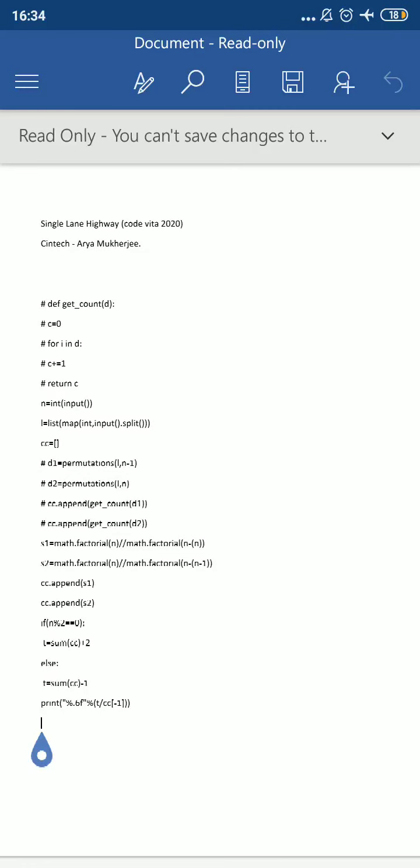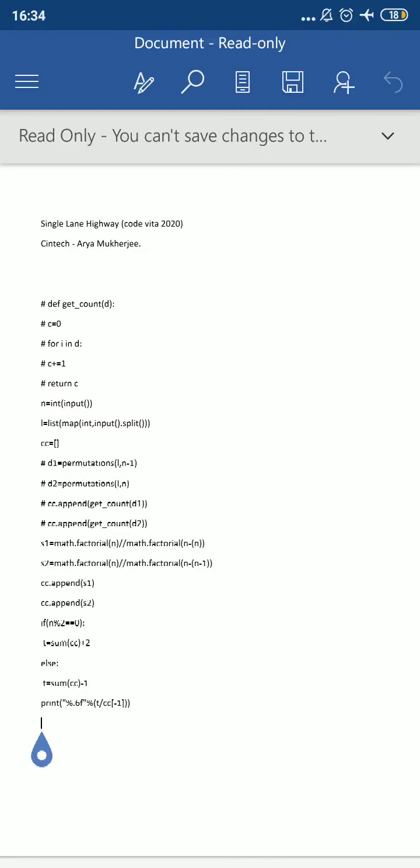The second part is we have to find out the total number of groups of the data and the total number of permutations of the speeds of the vehicles. And the third part is we have to evaluate the value of the total number of groups divided by the total number of permutations. The evaluated value is the answer here.